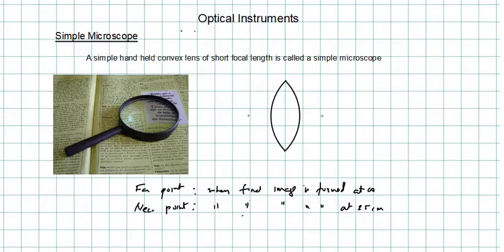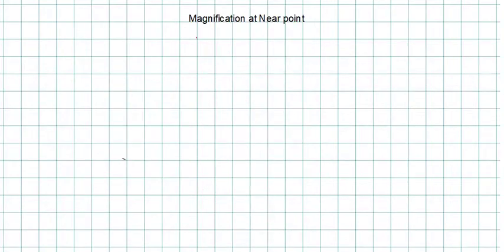From now on, whatever instruments we deal with, we are always going to find these magnification capabilities in these two modes. So, let us establish the relation for the magnification at the near point. Imagine that you are looking at an object.